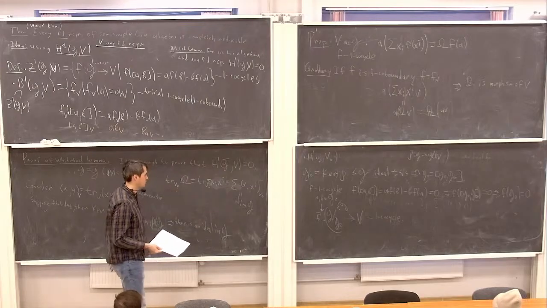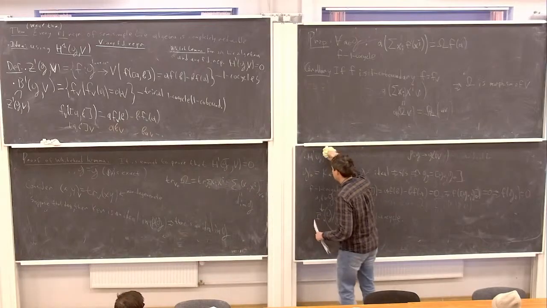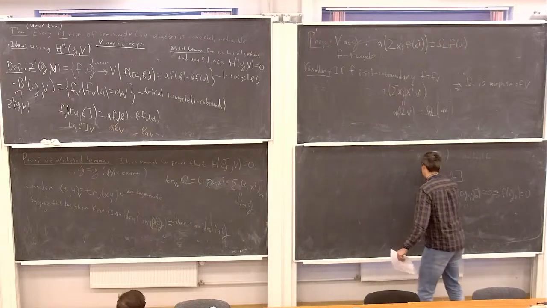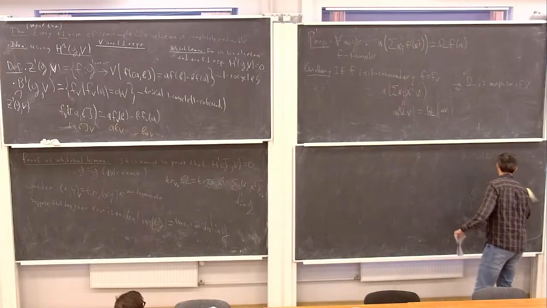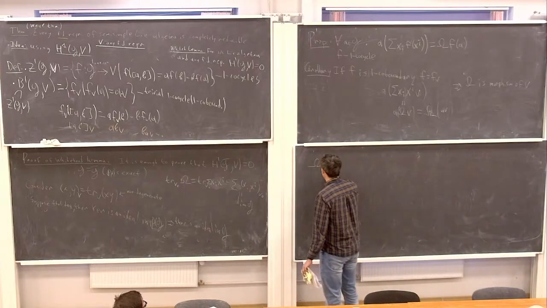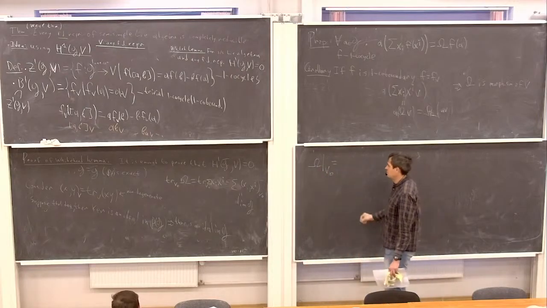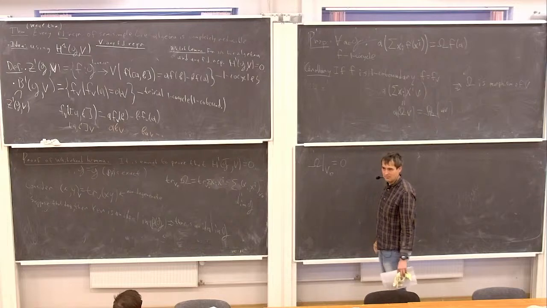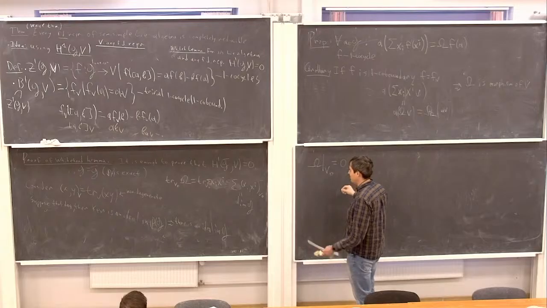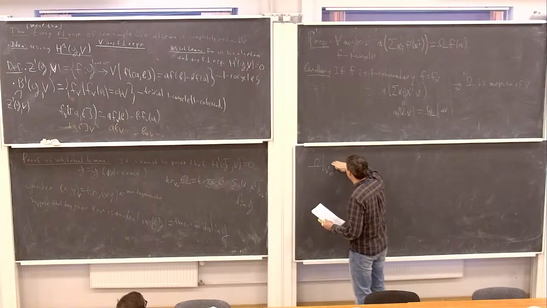But what can we say about omega on V0? If you compute omega on V0, it is equal to 0, because omega on V0 is nilpotent.